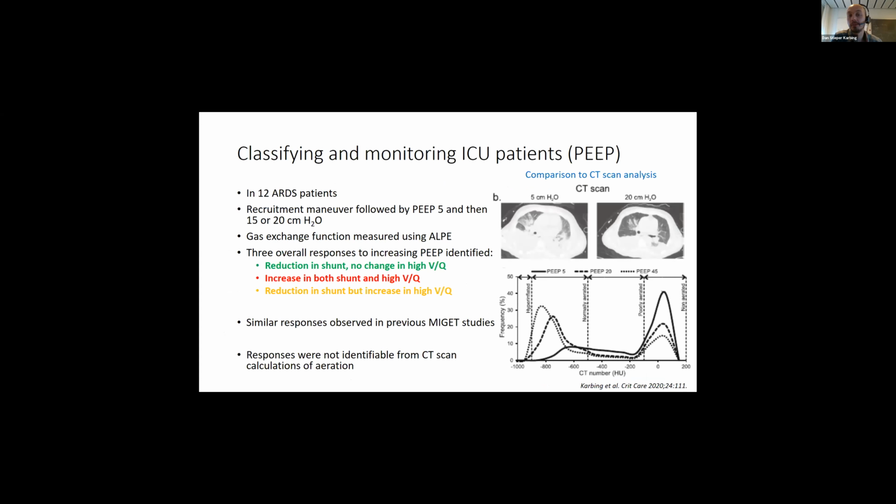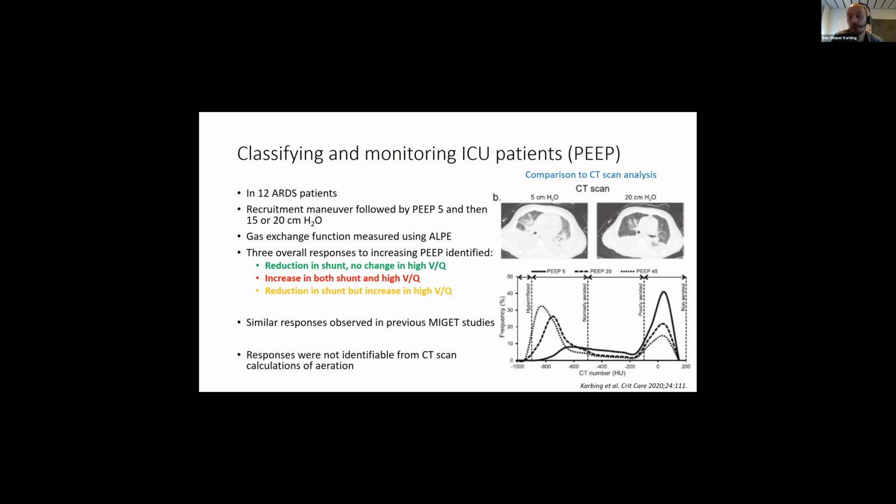So for classifying and monitoring ICU patients, much of the focus has been on positive end expiratory pressure. That is the pressure maintained by the mechanical ventilator at end of expiration to maintain respiratory units open during expiration and prevent lung collapse.